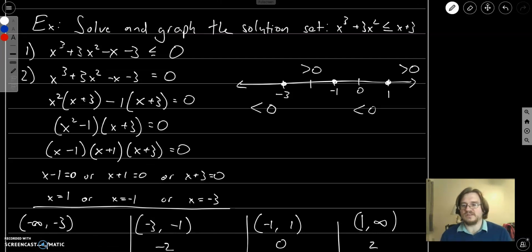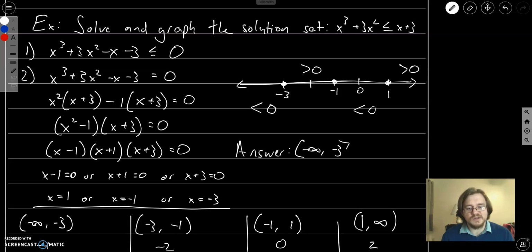There we have it. So we want to know when is our function less than or equal to 0. So it's less than 0 in this region and less than 0 in this region. But because it's or equal to, we'll need to include the places that our function was equal to 0. So our answer, we have to include the region to the left of negative 3, so negative infinity up to negative 3.